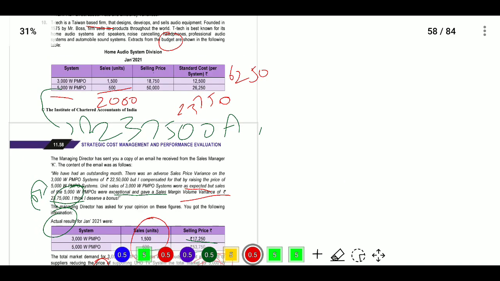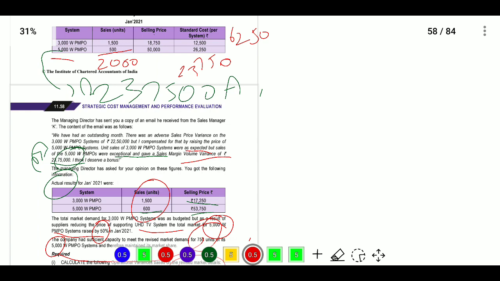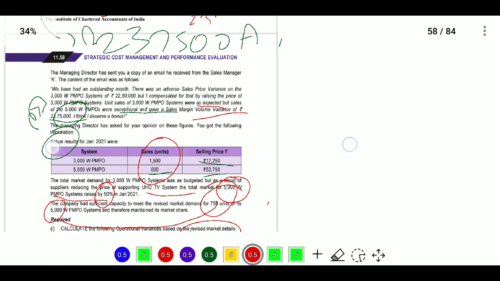Okay, for 1500 against 2000, for 2100 it will become the revised actual quantity. Next, 600 for 2100, for 2000 how much will it become? We will see that, divided by 2100 into 2000 sales units for 18,750. So the revised actual quantity will be calculated.